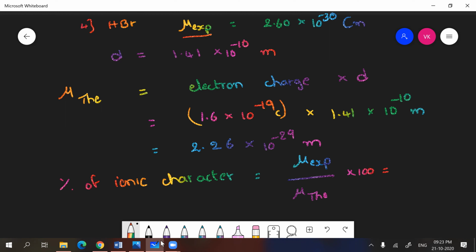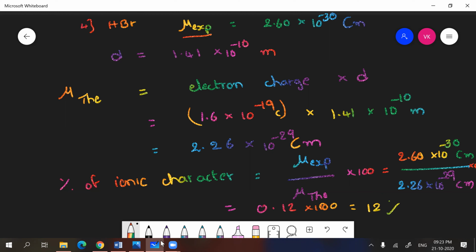So substitute the values: 2.60 times 10 power minus 30 coulomb meters divided by the theoretical value, 2.26 times 10 power minus 29 coulomb meters. Simplify this and you get 0.12 times 100, that equals 12%. The answer for this question is 12%.